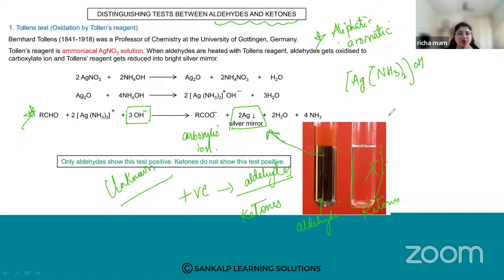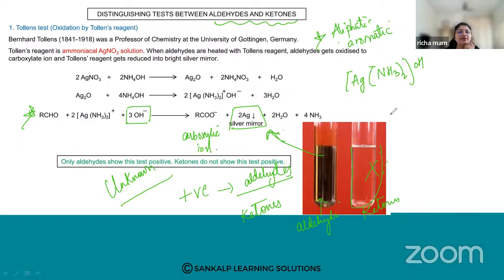So this is the Tollens test. What you have to remember is, what is Tollens reagent? It is an ammoniacal solution of silver nitrate. The aldehydes react with Tollens reagent to give a carboxylate ion, and it forms a silver mirror. Your aldehydes are oxidized to carboxylate ion, and it gives you a bright silver mirror like this.